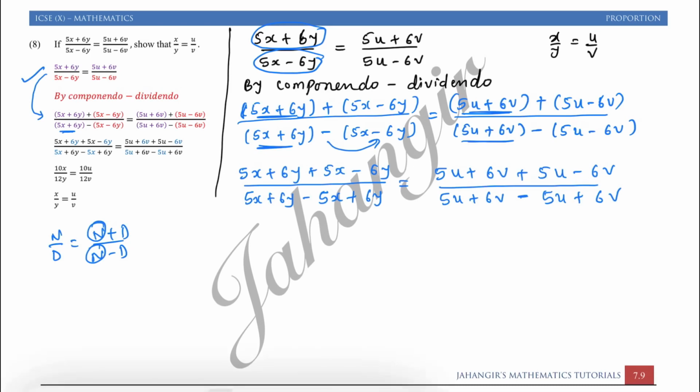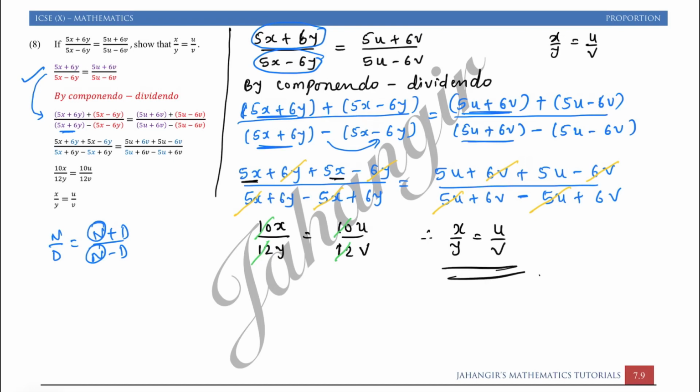So cancelling all like terms, minus 6y plus 6y will get cancelled, 5x will get cancelled, 6v will get cancelled, 5u and 5u will get cancelled. So the left part: 5x plus 5x is 10x, 6y plus 6y is 12y, 10u upon 12v. As we can cancel the same terms on both sides, we can write therefore x by y is equal to u by v, hence proved.